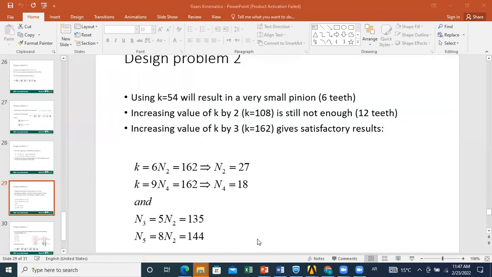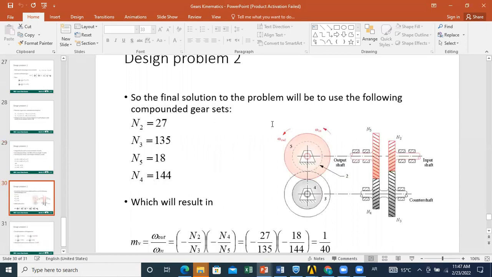And now, since the diametral pitch is given, you can calculate the corresponding pitch diameters of your four gears. I know that the diametral pitch is 8, and I already calculated the values of N2, N3, N4, and N5.